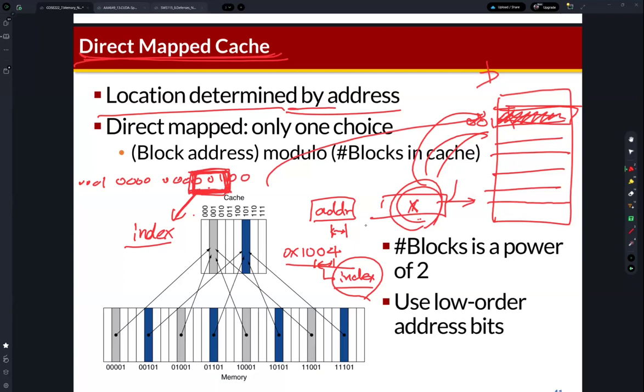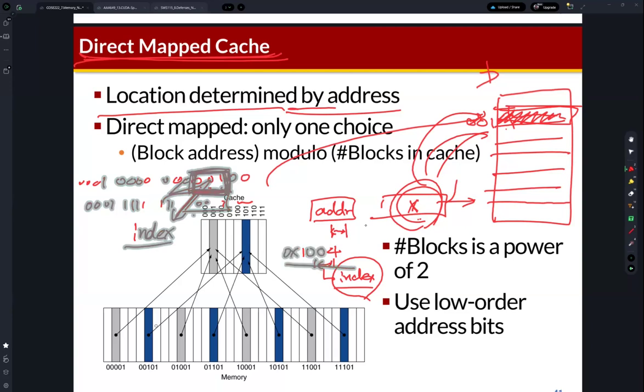So data which has the 001 part in the address is stored in the same location.